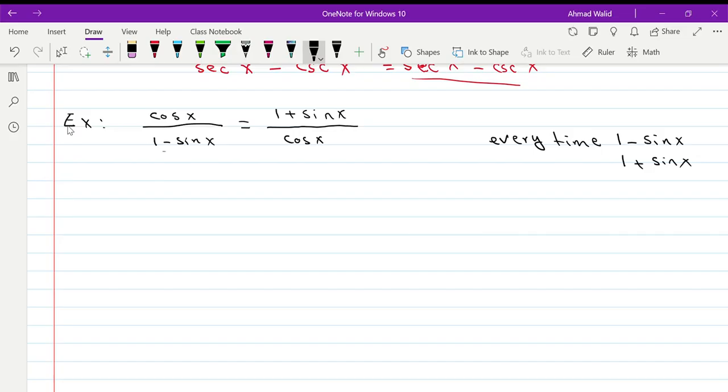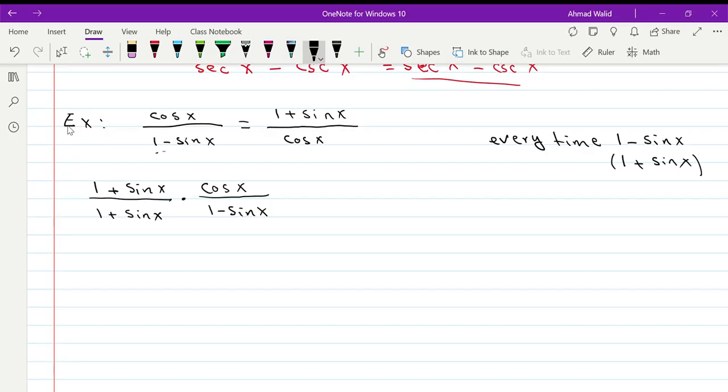If it's 1 minus sine x, the conjugate of 1 minus sine x is 1 plus sine x. Multiply your fraction with that. Work only with the left. Then I'll do this: 1 plus sine x over 1 plus sine x. I will multiply the left side, which is cosine x over 1 minus sine x, with the conjugate of the denominator.